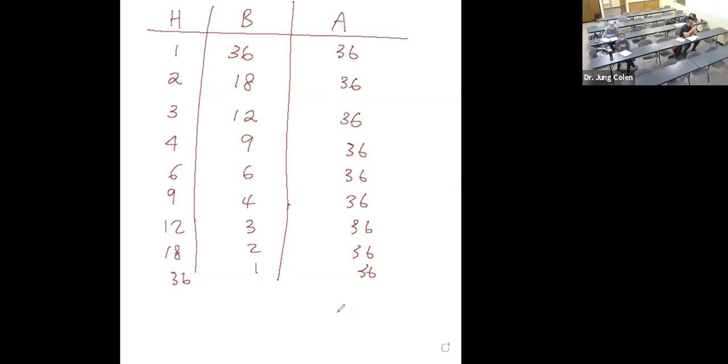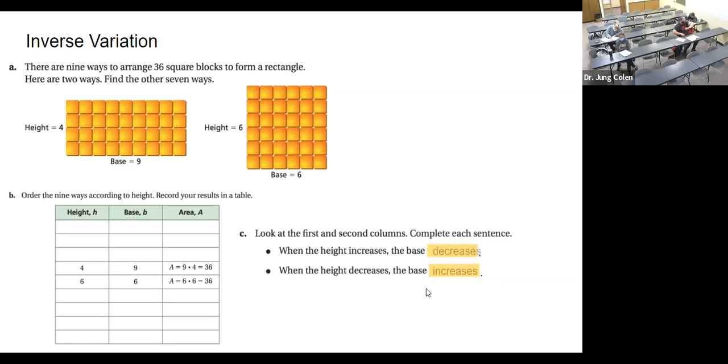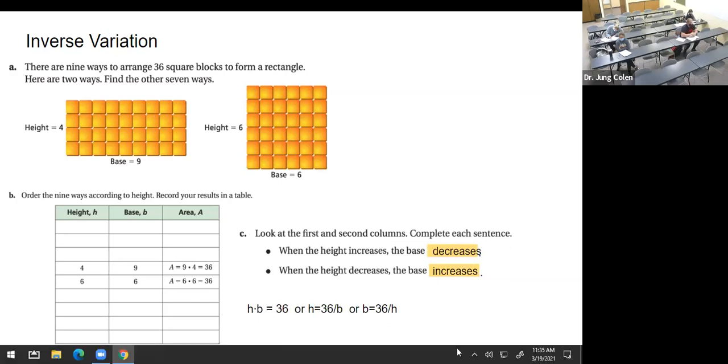Okay, awesome. So let's take a look at the next one that I have here. When the height increases, the base decreases. When the height decreases, then the base should be increasing. Yeah, you can see there is indirect variation.